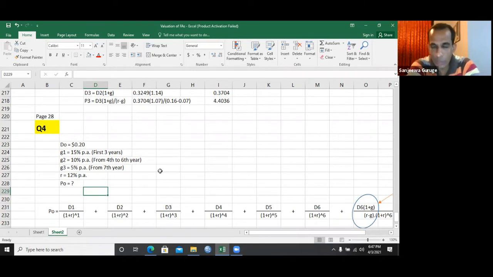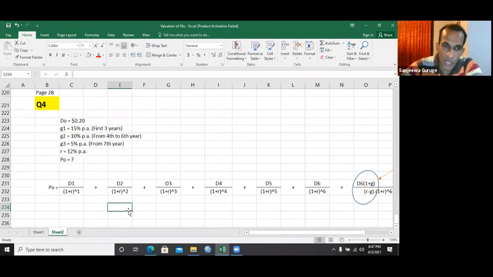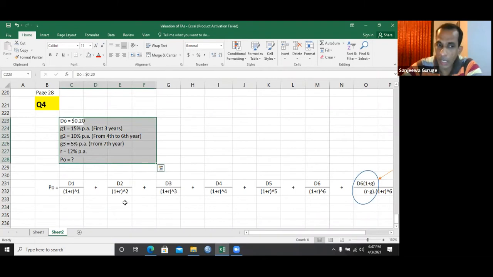Now, this information is given. So what we need to do is estimate the future benefits based on this given information. After that, the calculation of price is not difficult.